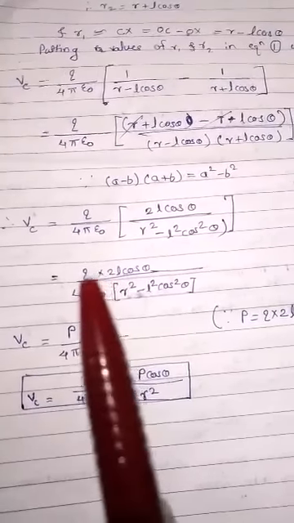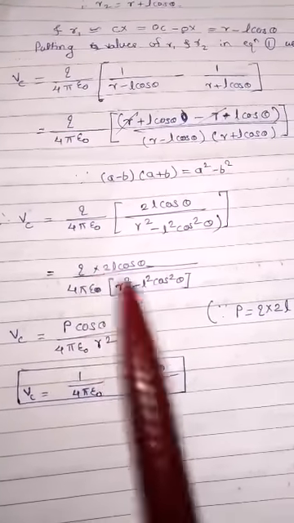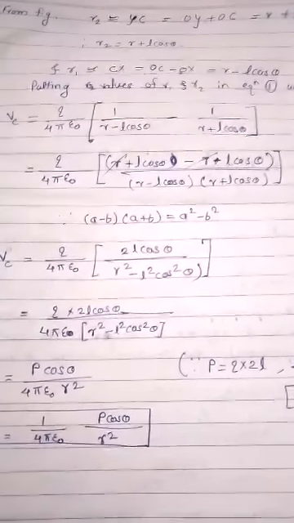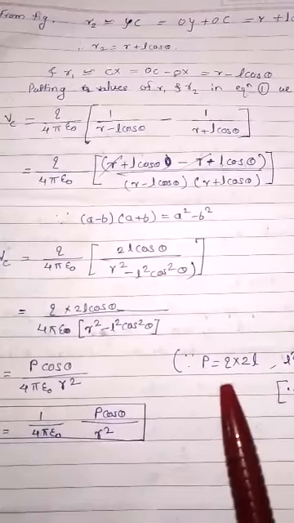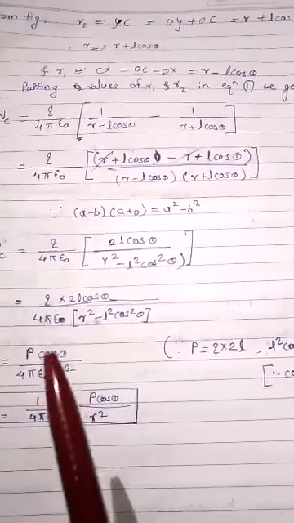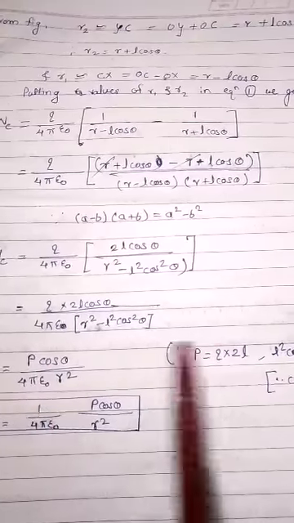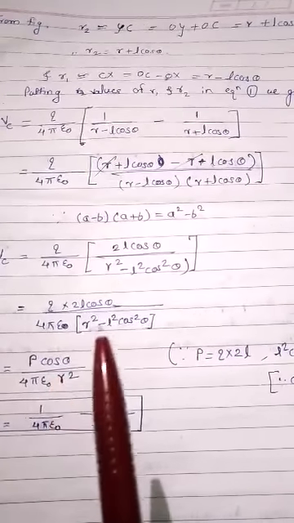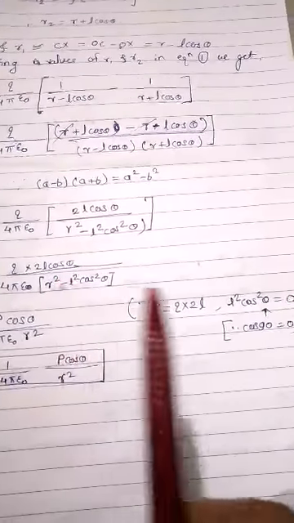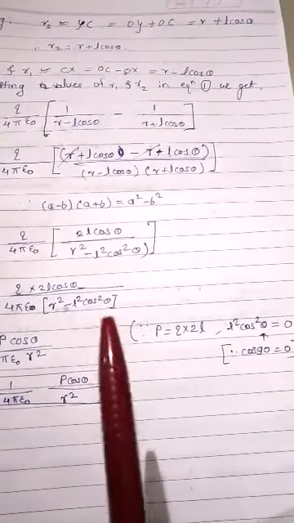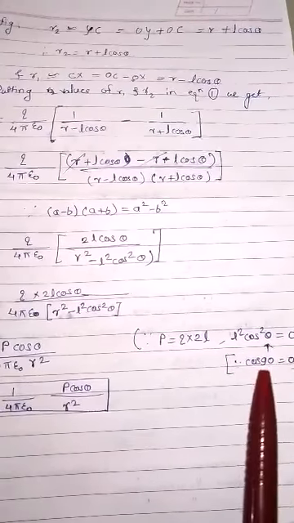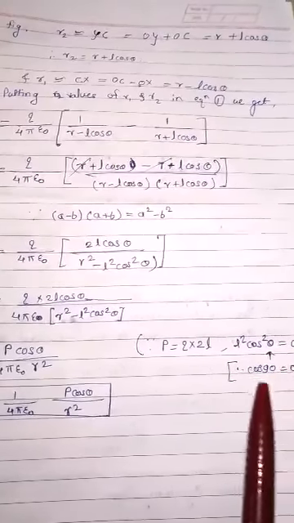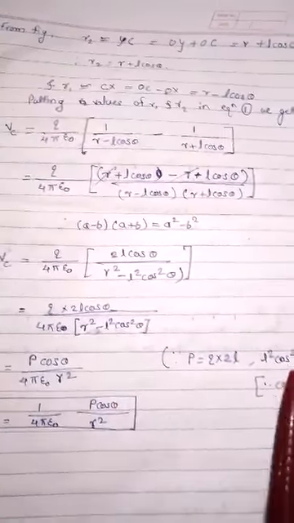Now this value Q into 2L is nothing but the dipole moment, P is equal to Q into 2L. So putting in the value of P, we get cos theta upon 4 pi epsilon naught R square, because L square cos square theta is approximately zero. Now theta is 90 degrees, so cos 90 is equal to 0, and this term is 0.